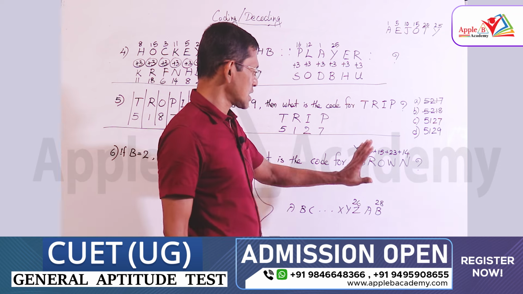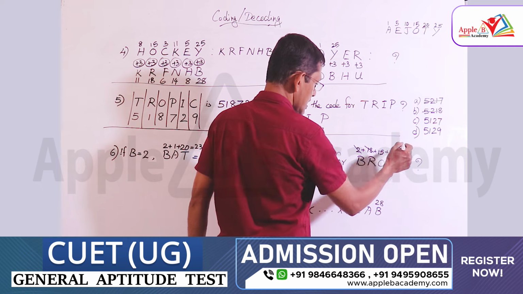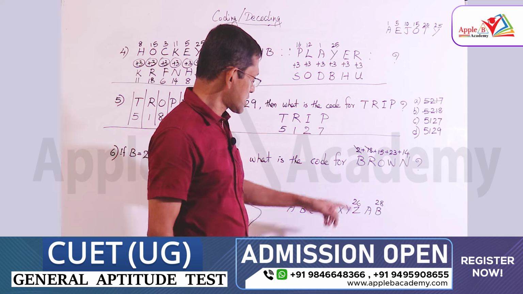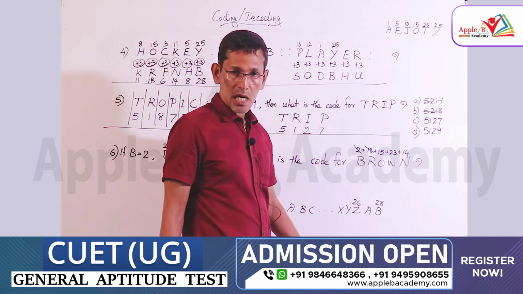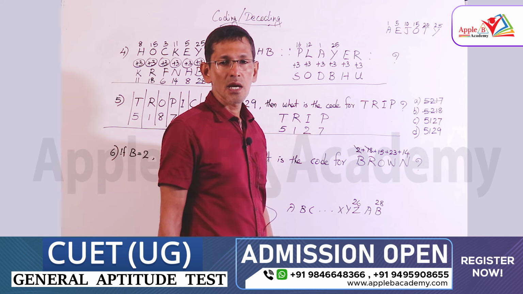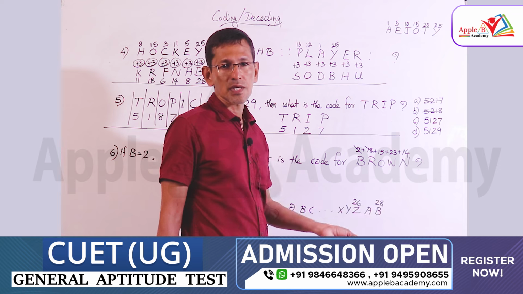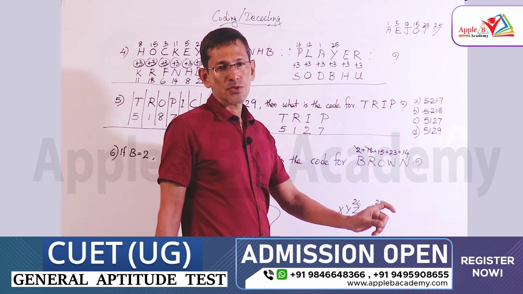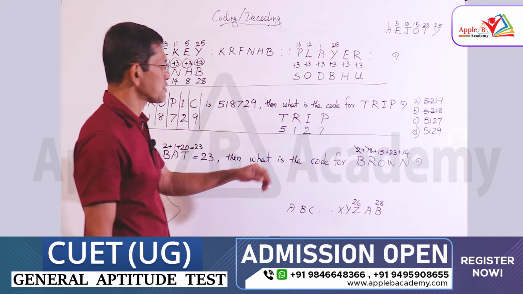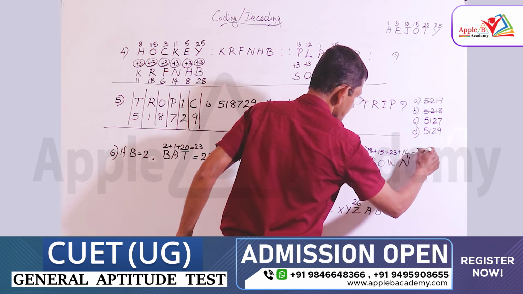So 2 plus 18, 20. Then 15 plus 14, 29. Well, 29 plus 20, 49. 49 plus we have this 23 here. 49 plus 23: make 49 into 50, take 1 from that 23, then the balance is 22. So 50 plus 22, 72. So the answer for that question would be what? 72. So Brown, what's the code for Brown? 72.